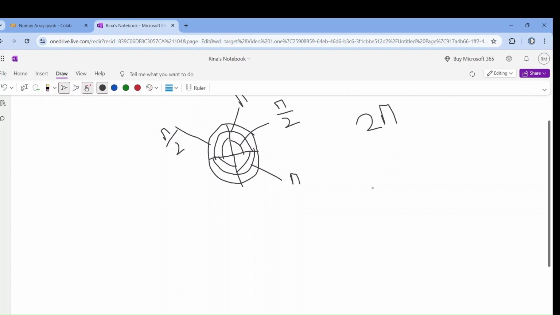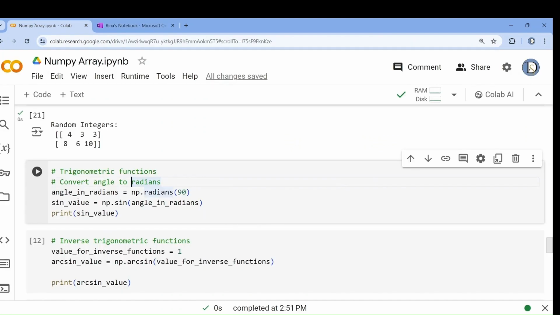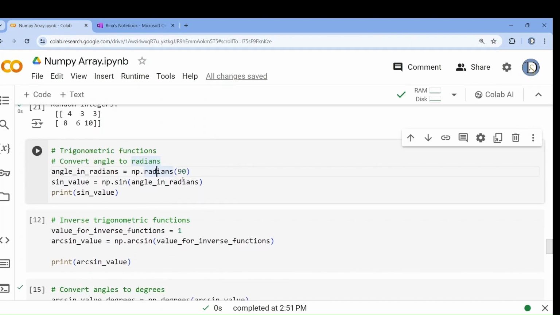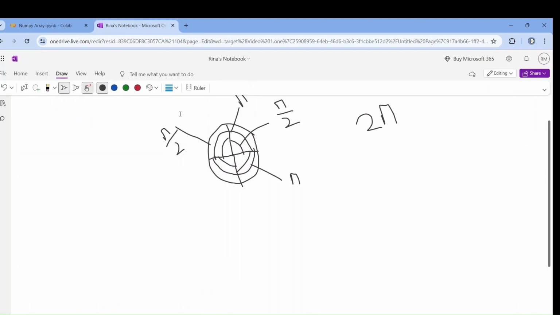Fine. So now let's see this one. First, I want to calculate sine of 90 degree. Now you cannot directly put the degrees. Instead, you have to convert it into radians.